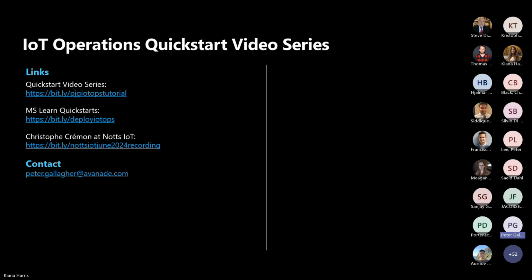The first part of the Quickstart series, we deploy Azure IoT operations. And then after that, we use Akri to discover a simulated OPC UA asset. So it spins up a temperature sensor, which is pretty standard for any IoT tutorial that you're going to follow.